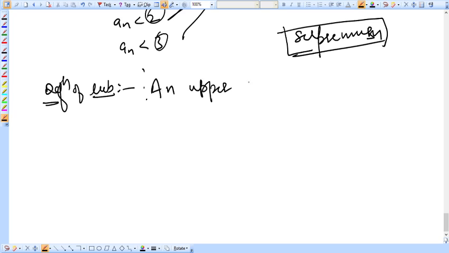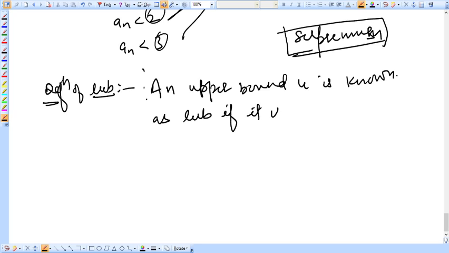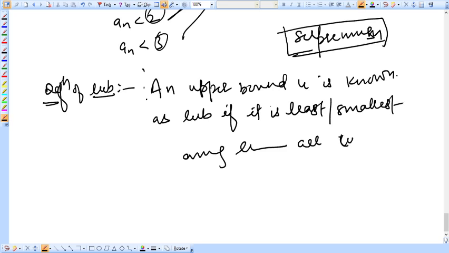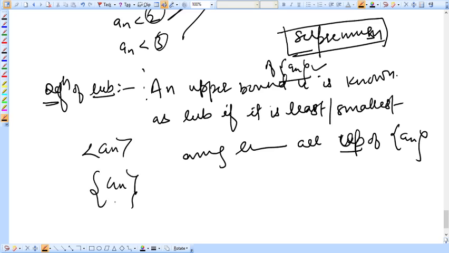You just write: an upper bound U is known as the least upper bound if it is the least, or smallest, among all the upper bounds of a sequence an. You can write it in this bracket or that bracket, both brackets signify a sequence. So any upper bound U is known as the least upper bound if it is the least and smallest among all upper bounds of that sequence.